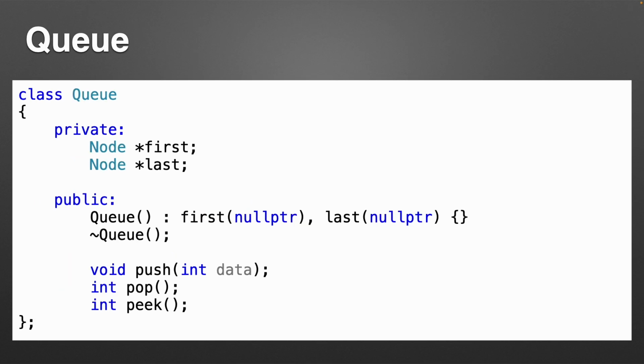So looking at the queue class, again, very basic, just like the stack, but we keep track of the beginning and the end here, and we have these same methods, push and pop, and peek. So when I was explaining queue earlier, I used enqueue and dequeue.